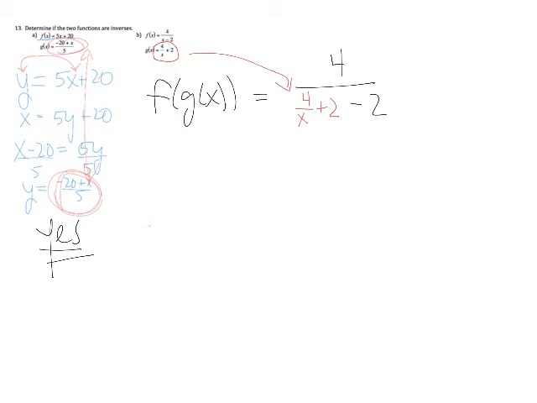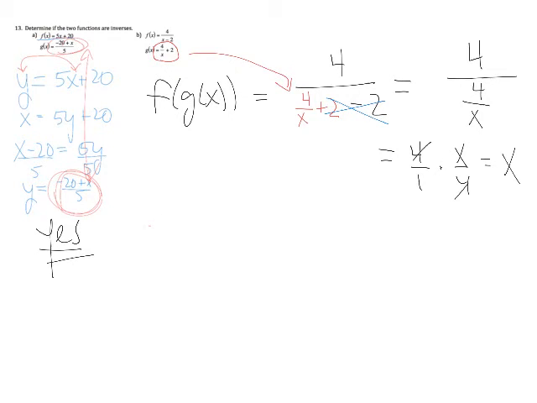So then you just do a little bit of manipulation and simplifying some things. Your plus 2 minus 2, that's going to go away. So you have a 4 over x. And then really 4 divided by 4 over x is the same thing as 4 over 1 times x over 4. Your 4's are going to cancel out and you get an x.